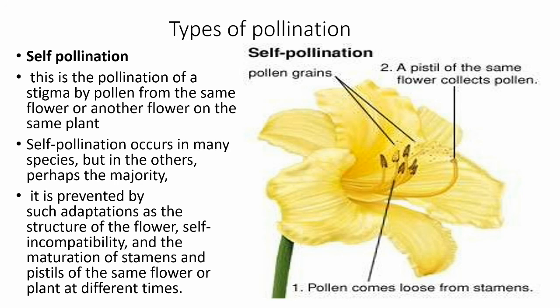Here we look at the things that could prevent self-pollination. In some flowers, the stamen and the pistil do not develop at the same time. Therefore, it will be difficult for the flower to pollinate. That is why some flowers don't self-pollinate.